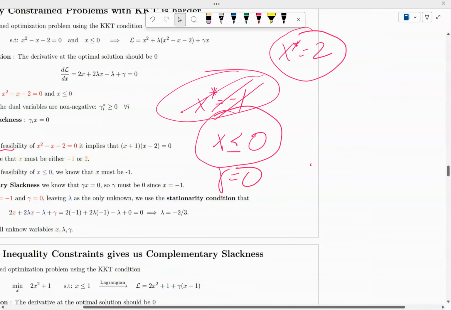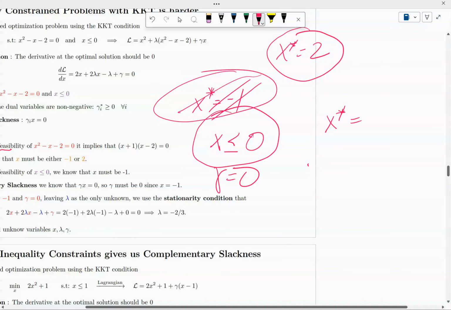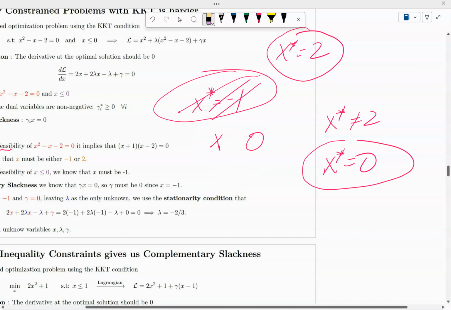It implies that x star cannot equal 2. Instead, x star, the closest value to 2, is equal to 0. So the inequality becomes an equality when you activate the constraint, because 0 is the closest possible solution to 2. All right, so this is what I mean by activation.